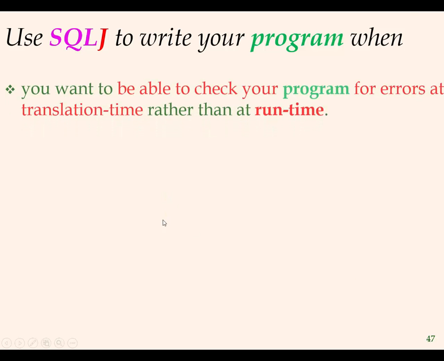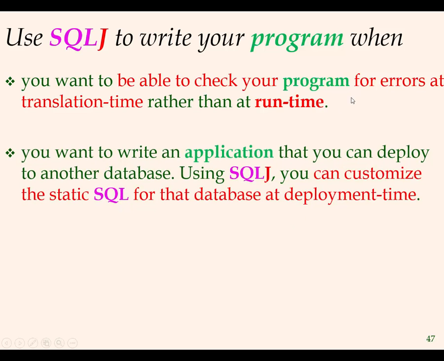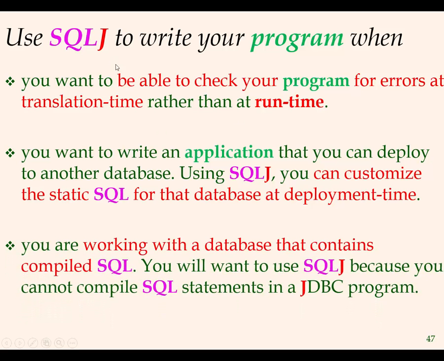So if you want to actually check for errors, you can use SQLJ, and it's done at compile time. But if you want, for example, to customize and write applications that you can deploy later on, you use SQLJ as well.